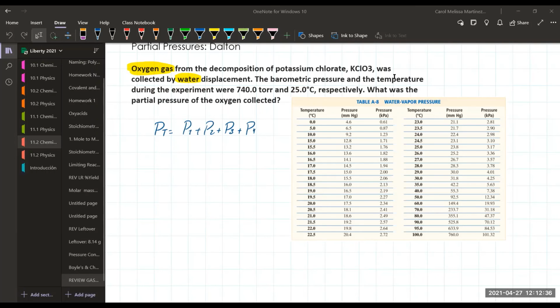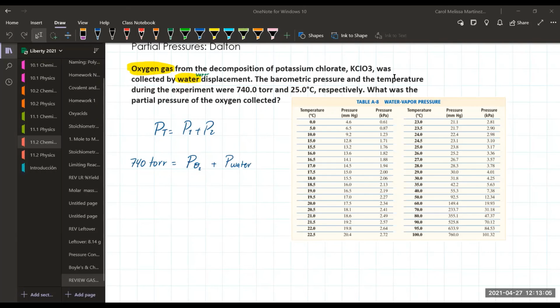Now, because we only have two gases, the equation is going to look like that. So the total pressure, that is 740 torr, is going to be equal to the pressure of the oxygen gas plus the pressure of water.